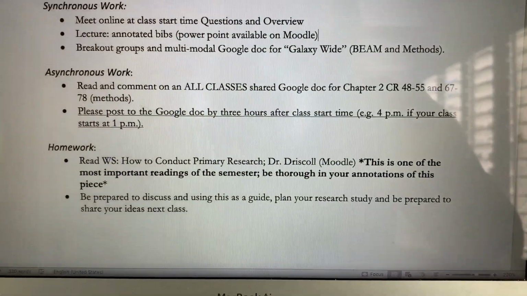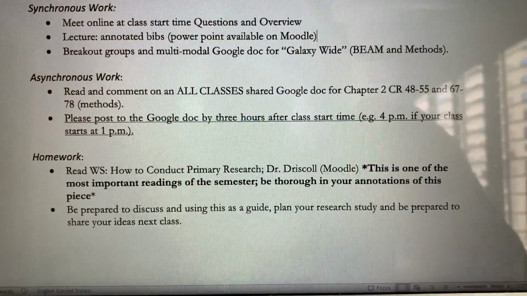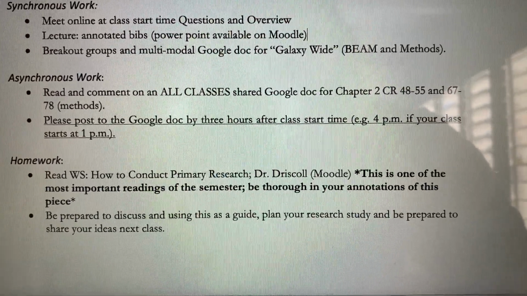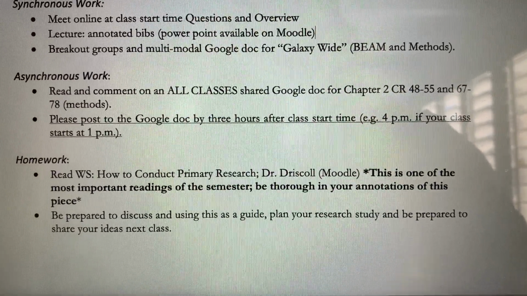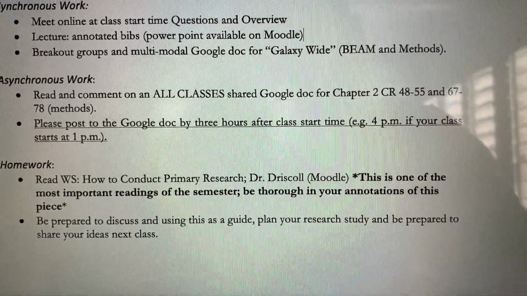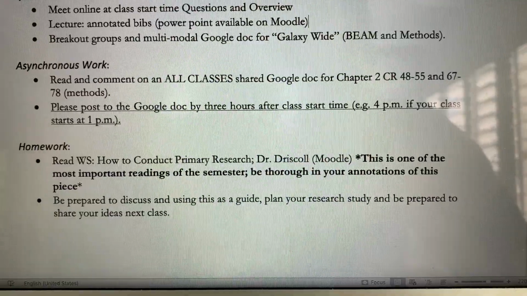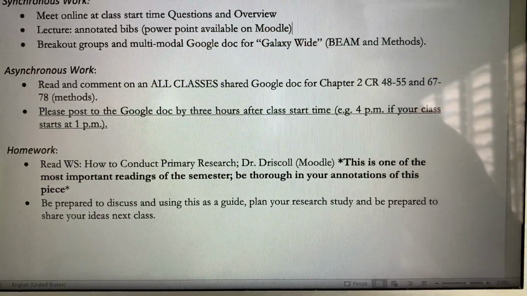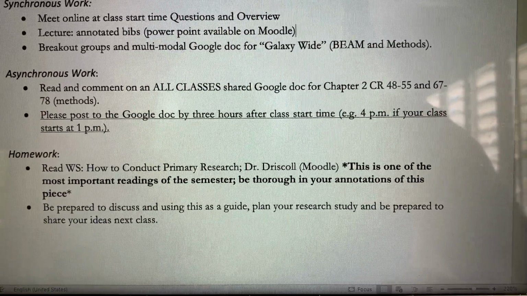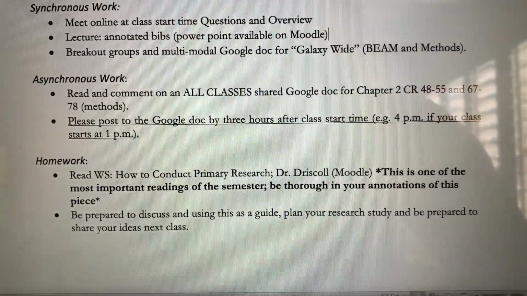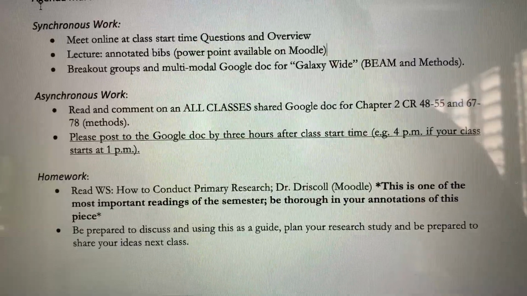So our homework assignment for today is perhaps one of the most important ones of the semester, and that's from Writing Spaces, How to Conduct Primary Research with Dr. Driscoll. I strongly recommend that you be thorough in your annotations of this because we are going to be using it as the main discussion of how to conduct primary research.